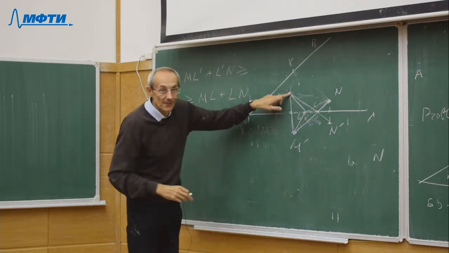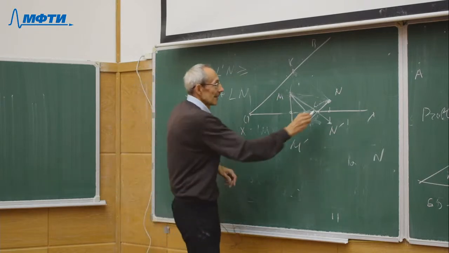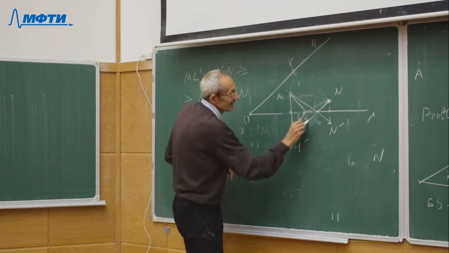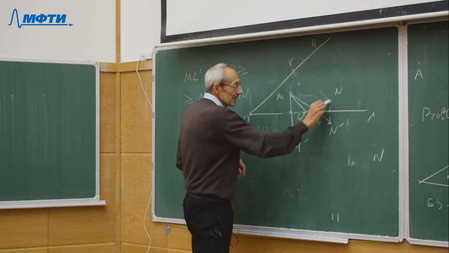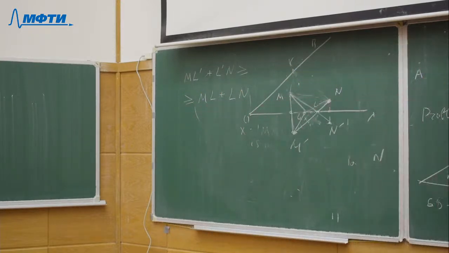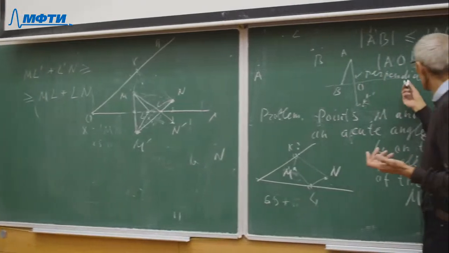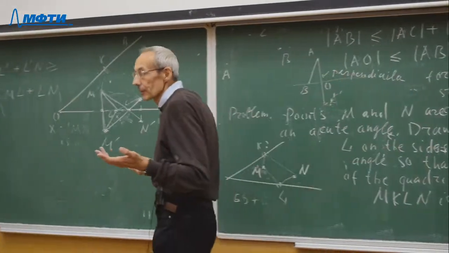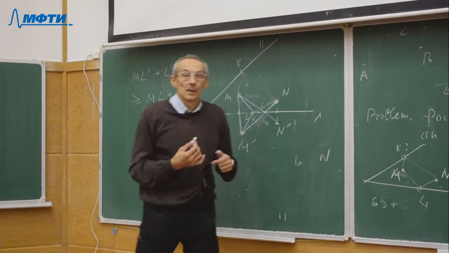But this sum is greater than this sum because, for two points on the same straight line, the smallest distance is the straight segment, as a corollary of the triangle inequality.